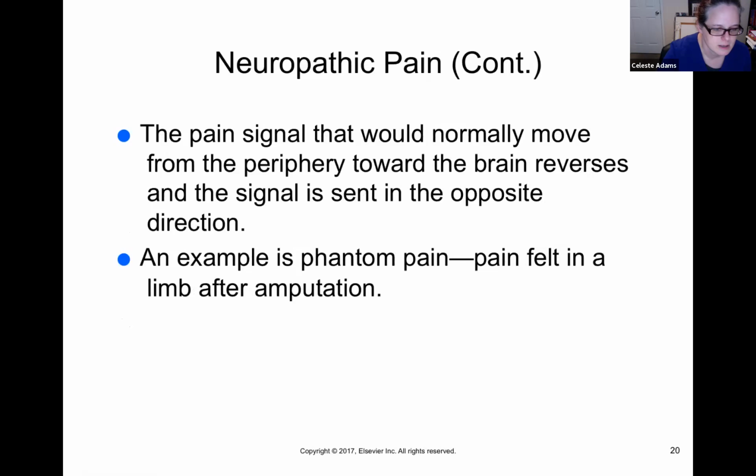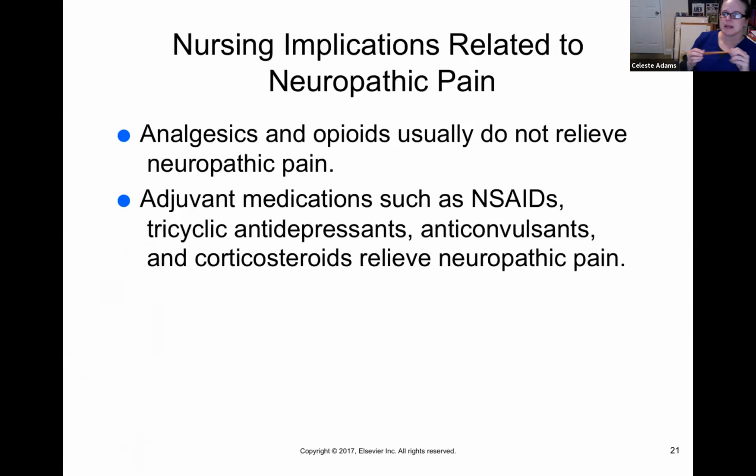Nursing implications related to neuropathic pain. What are we going to do as nurses for neuropathic pain? Analgesics and opioids usually do not relieve neuropathic pain. Very important statement there.